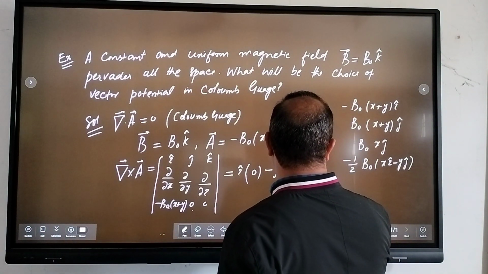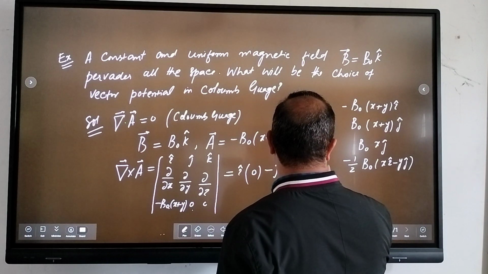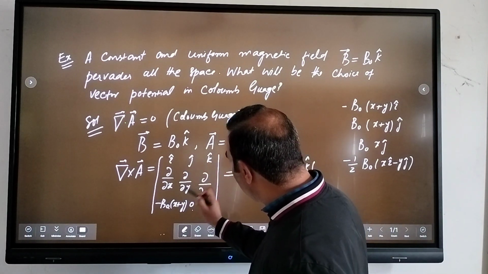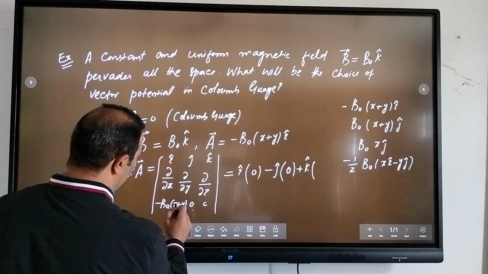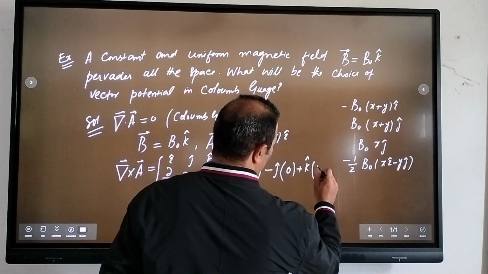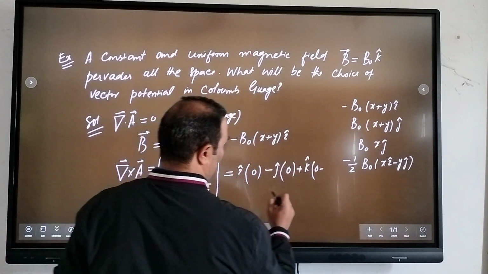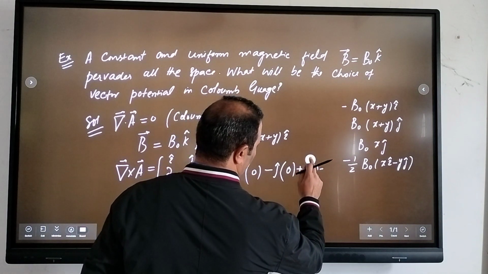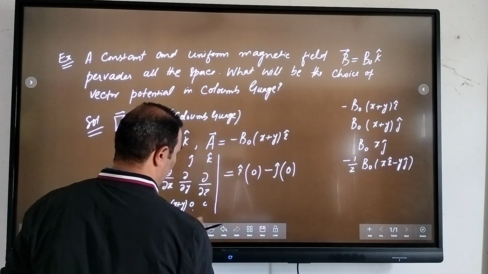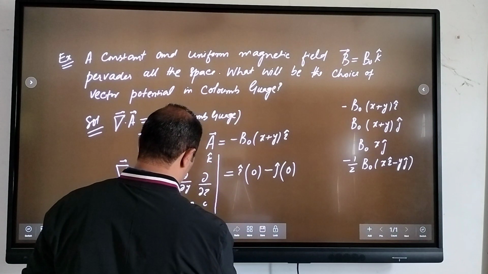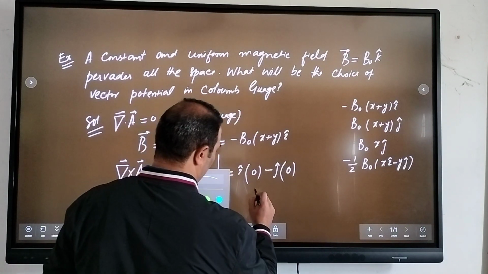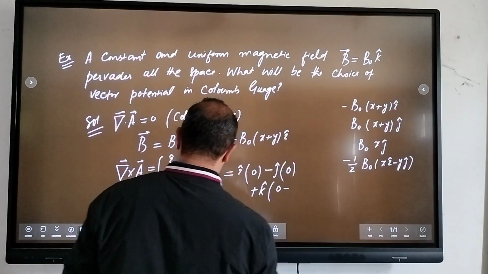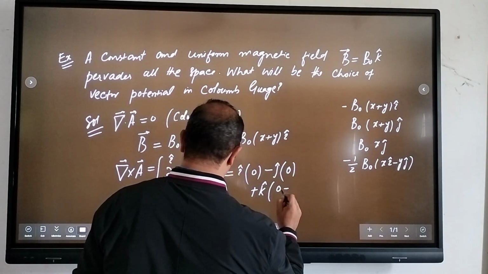Now the third term will be plus k cap. Now k cap, so that is this term. So that will be equal to, so this will be 0. You can write that 0 minus, or let me write it here. Plus k cap, that's partial by partial y.